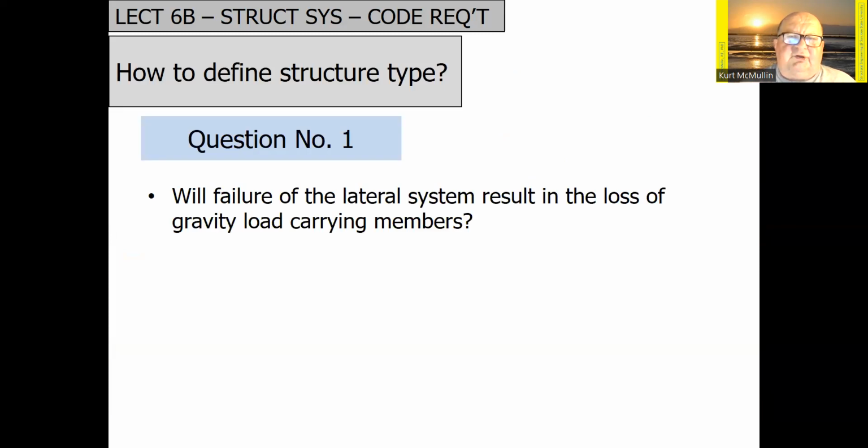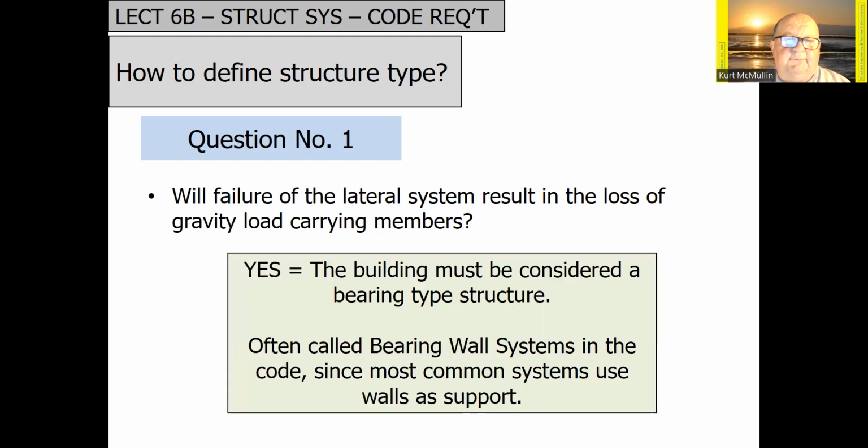So I say there's three types of questions we need to ask ourselves to go into the code. First off is, will failure of the lateral system result in the loss of gravity load carrying members? Or in other words, if the lateral system is badly damaged, are we at risk of not being able to support the gravity loads?